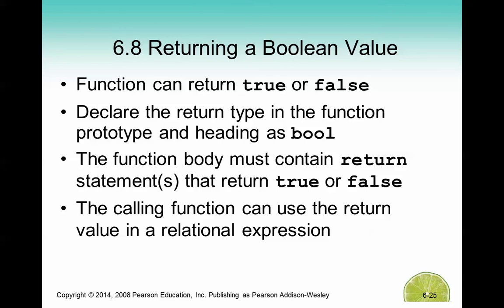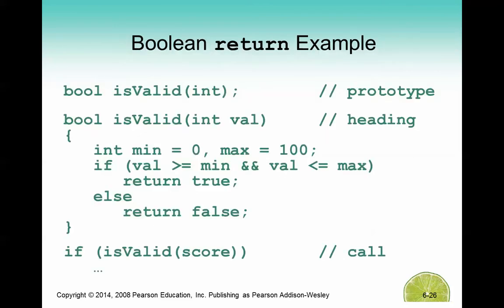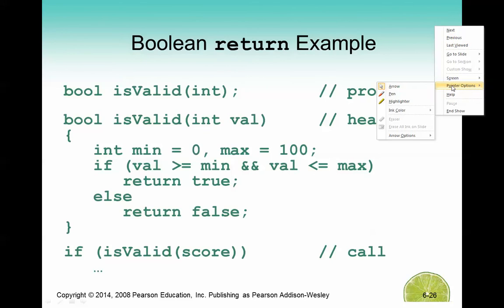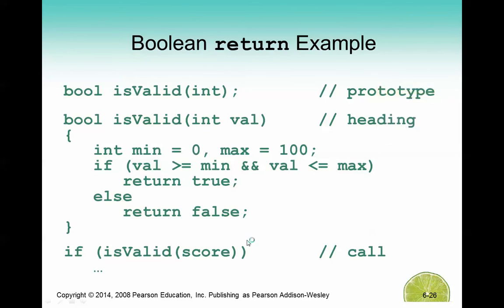One of the applications for this type of return is when we're using an if statement in the calling function. That can be main or any other function. An example is right here. We're going to make a line right here, and from here down is main. Let's suppose that we have different instructions right here, and then we have an if.